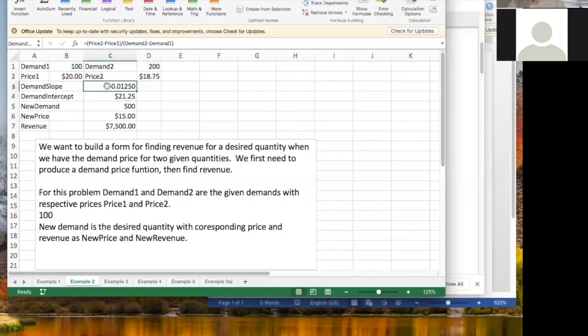Oops. Price 2 minus price 1. The demand slope, yes, the demand slope is negative.